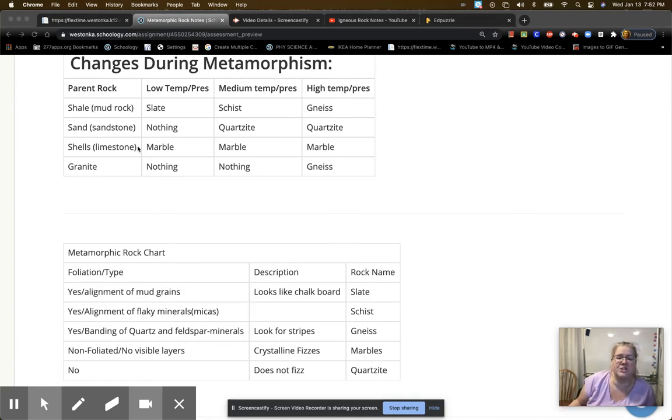Marble, made out of shells, is marble. Doesn't matter how much heat or pressure I put on marble, it's still going to be marble. Granite, an igneous rock. If I put it under low or medium temperatures and pressures, nothing's going to happen to it.